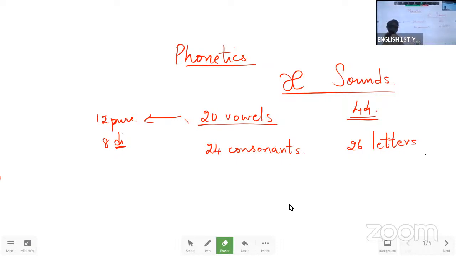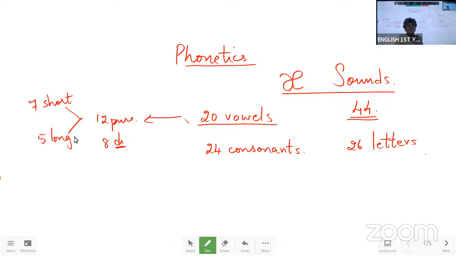Out of 20 vowels, there are 12 pure vowels and 8 diphthongs, meaning 2 vowel sounds in a single word. And out of the 12, again, there is a division. There are 7 short and 5 long vowels. Now, what do you mean by 7 short and 5 long?